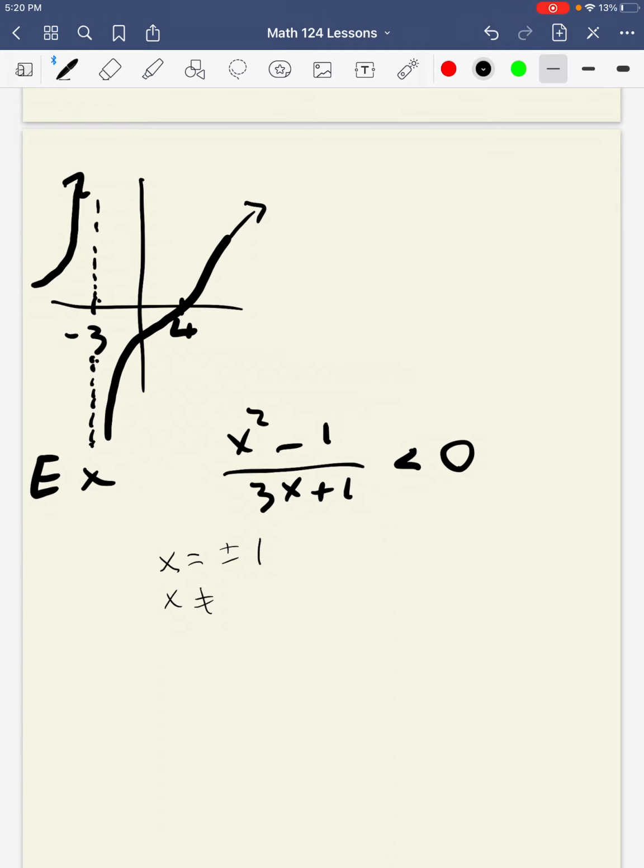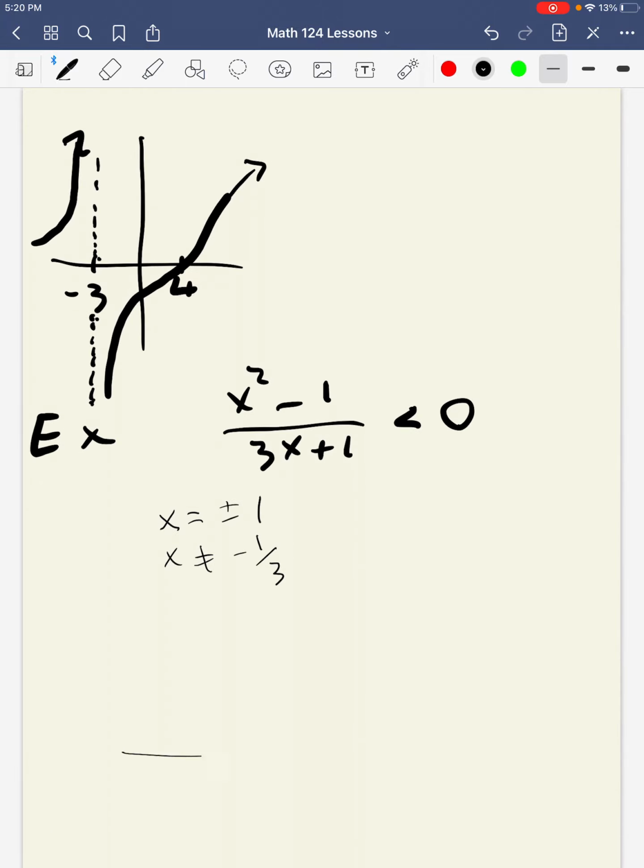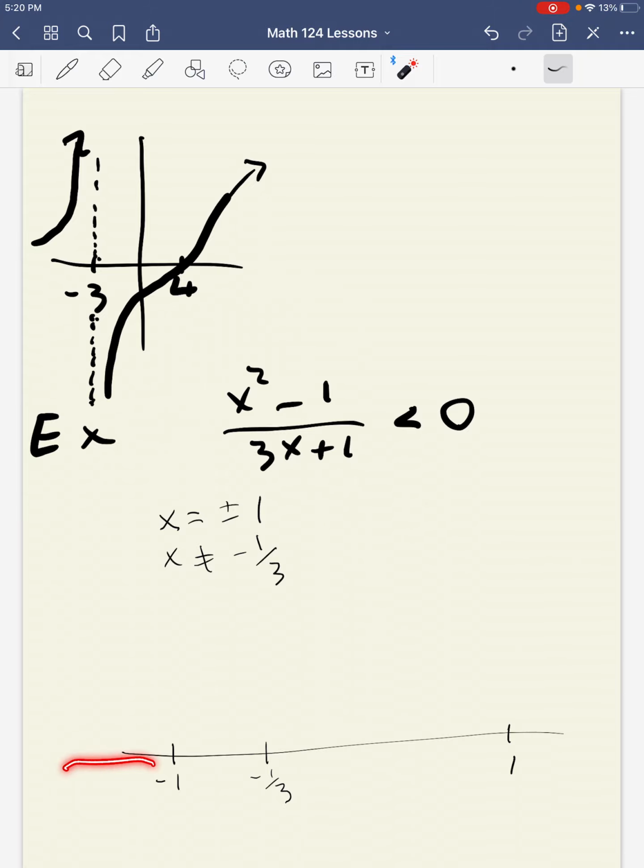The bottom will be 0 when we plug in negative 1/3. We're going to have to test these numbers. We'll have -1, -1/3, and +1. So now we broke the number line into 4 pieces. And we're going to have to test a number in each one of these 4 pieces.